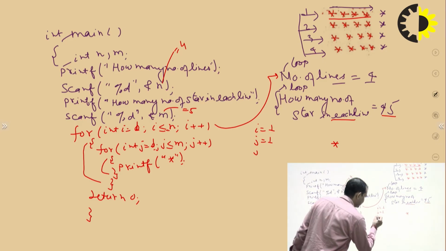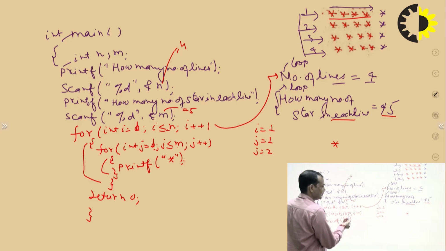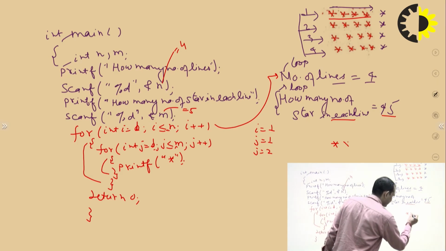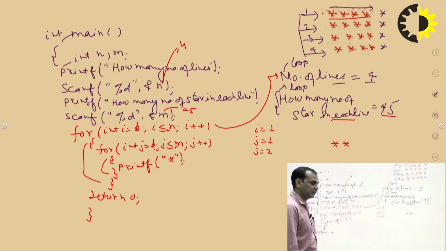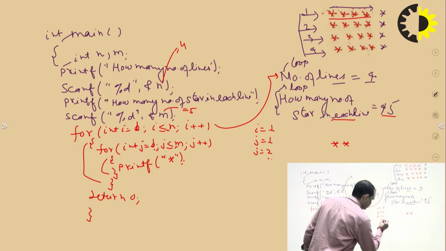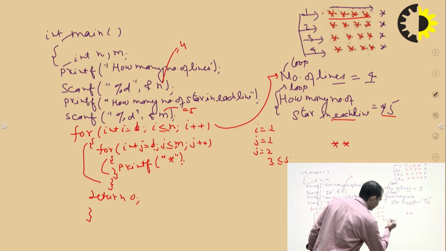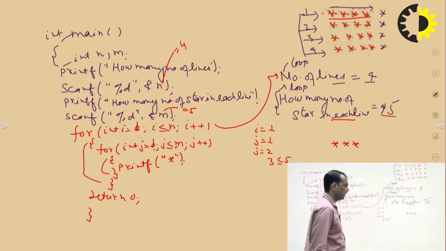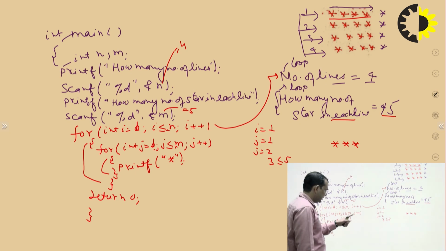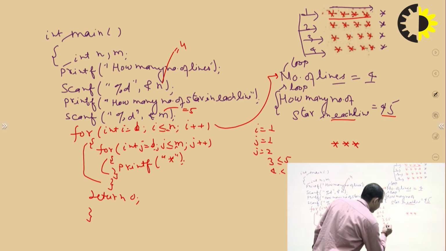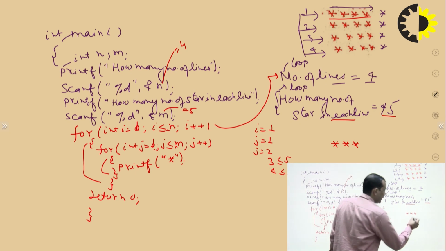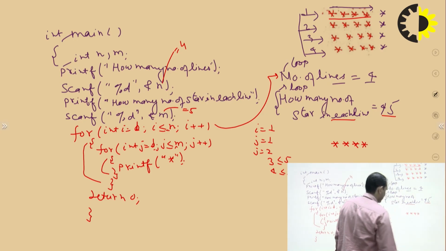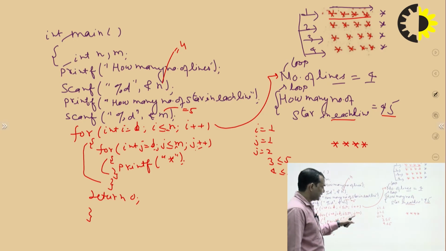Now j equal to 2, 2 is less than equal to 5, condition is true, it will print the second star. Now j equal to 3, 3 is less than equal to 5, condition true, it will print the third star. Next j plus plus 4, 4 is less than equal to 5, condition is true, it will print the next star. Again it will increase the value of j.